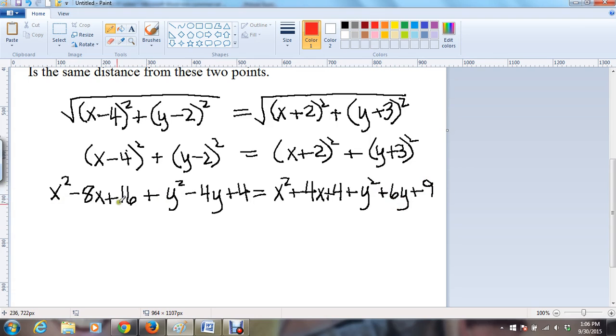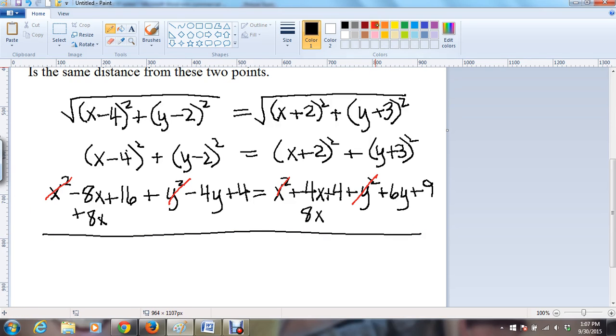There's an x squared on both sides, we can get rid of that. There's a y squared on both sides, we can get rid of that. And now we can just combine like terms. So we've got a 4x over here, and we've got a negative 8x over here. So I'm going to add 8x to both sides to get all my x's over there.